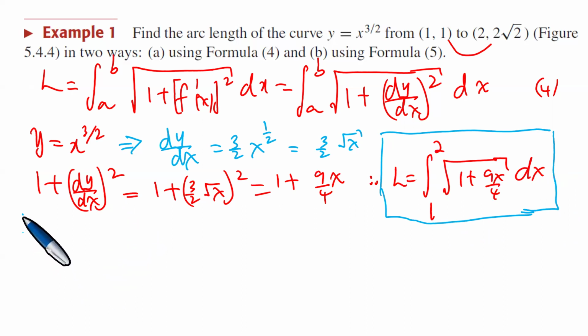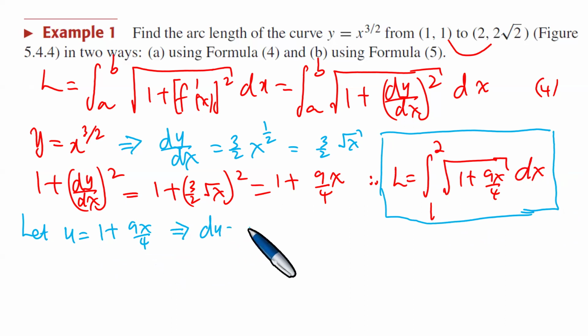We let u be 1 plus 9x out of 4, which means that du is 9 out of 4 dx. Like we did last time, we draw a small cross.